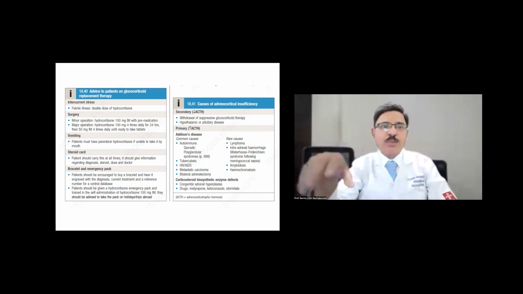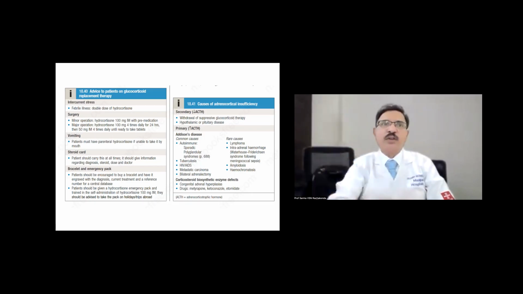Bracelet and emergency pack. Patient should be encouraged to buy a bracelet and have it engraved with the diagnosis, current treatment, and a reference to the number of a central bureau. This is the ID number of the hospital. Patient should be given a hydrocortisone emergency pack, trained in self-administration of hydrocortisone. They should be advised to take the pack on holiday trips and abroad also.